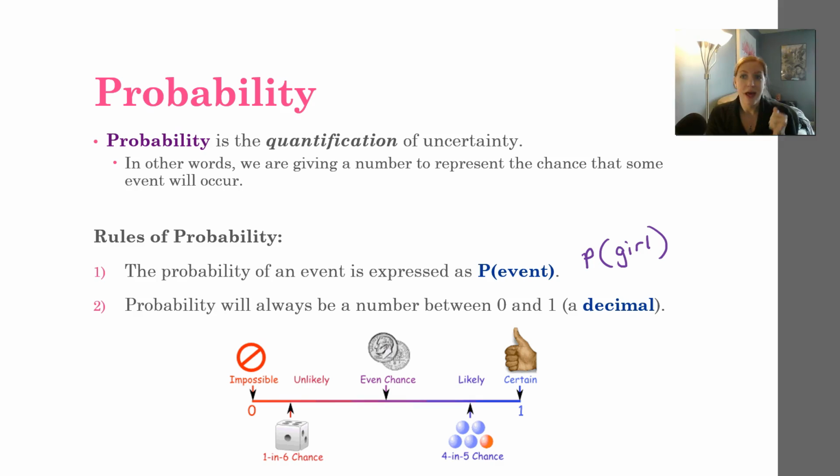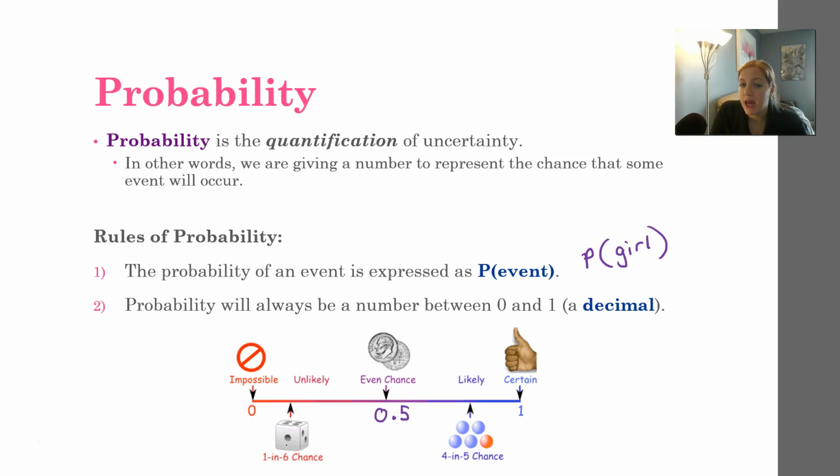For example, the probability of you having an assignment next week is 1 or 100% because we are certain you're going to have an assignment next week. Okay, and then you can kind of see like it's a scale. So 0.5 would be in the middle, so 50-50 chance of tossing a head or a tail.